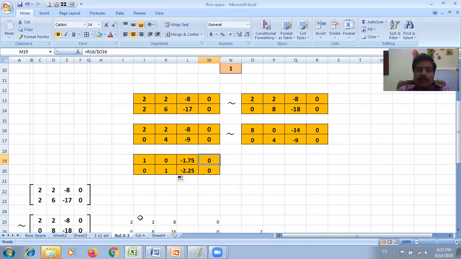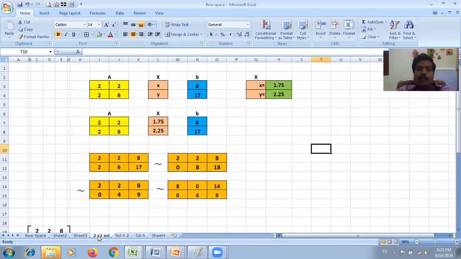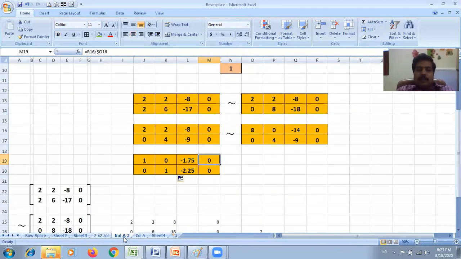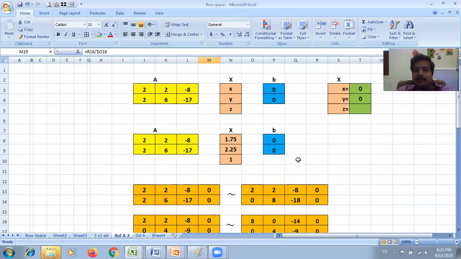If I do not fix 1, I will get any general solution for this equation. So there will be many vectors in null A. If I want to find a particular solution for this equation, I will put z is equal to 1. Otherwise, you can put the value of z anywhere.